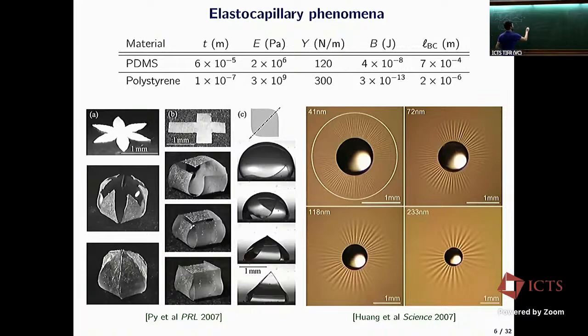But the curvature is just the second derivative of the height, which is A over lambda squared. Okay. So you have this cost for bending.